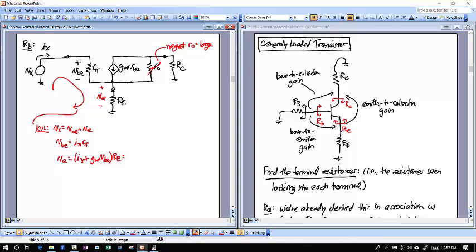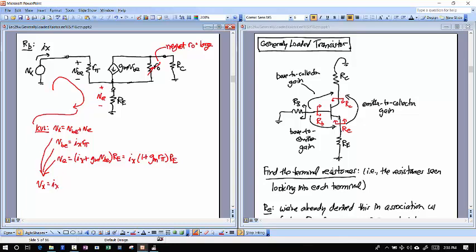But I also know that GM times VBE depends on this VBE, which I already know what that is right there as a function of Ix. So I can now write this whole thing as Ix times 1 plus GM times R pi, and that whole thing times RE. Okay? Then from this, I could take all of these together and write an equation now for my Vx by putting all that together.